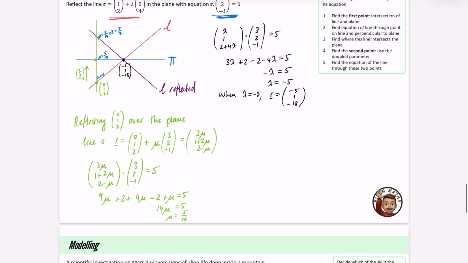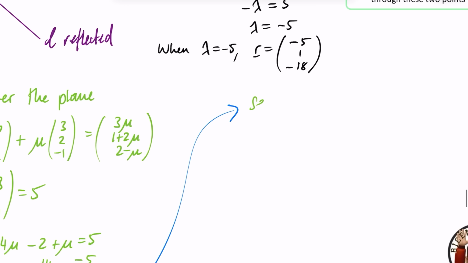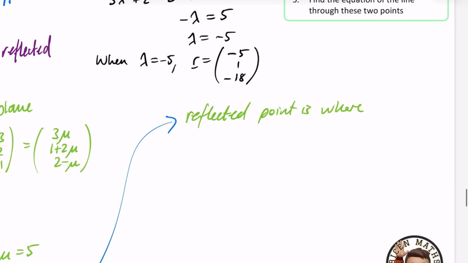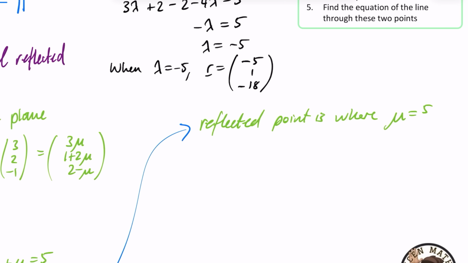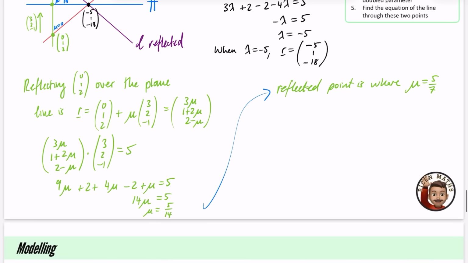So this now tells us, if I continue with this question, that the second point, or the reflected point, let's call it that, the reflected point is where mu is equal to 5 over 7. And I'm just going to put that into this equation that we've got.